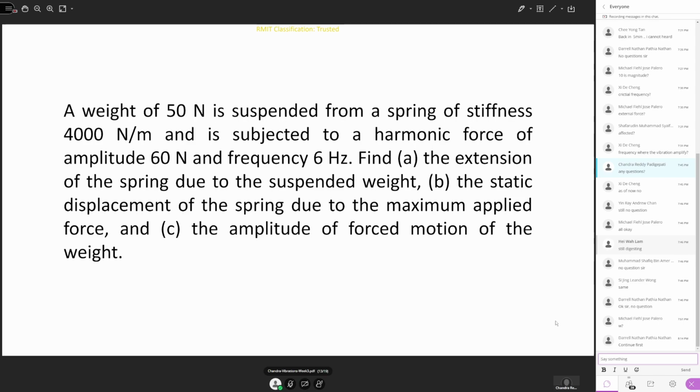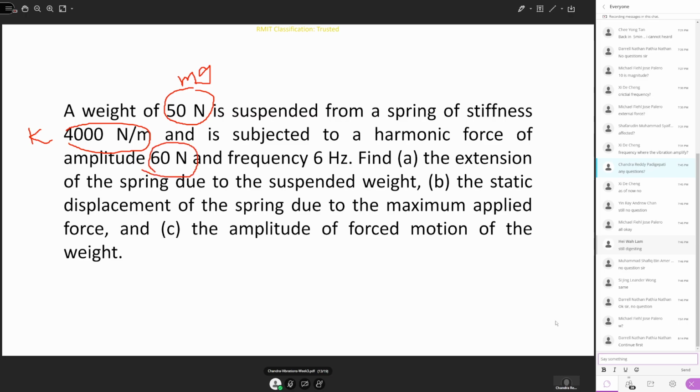The weight is 50 newtons, suspended from a spring. Weight is mg. The stiffness is 4,000 newtons per meter. This is subjected to a harmonic force of amplitude 60 newtons.